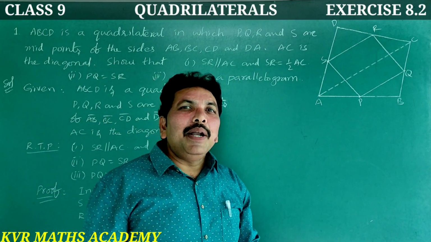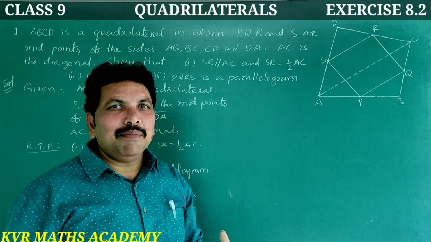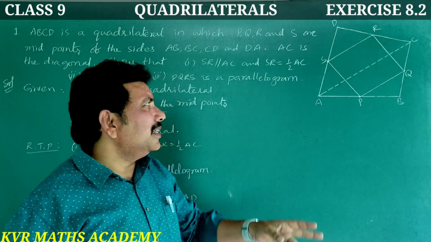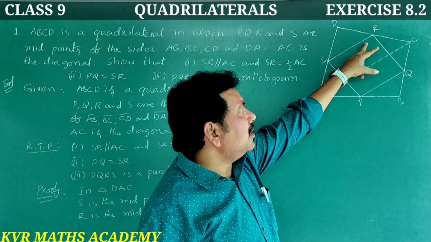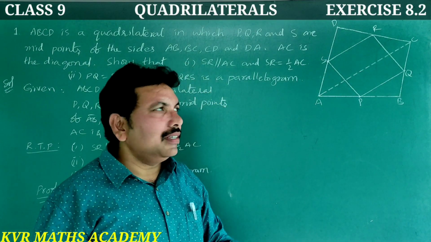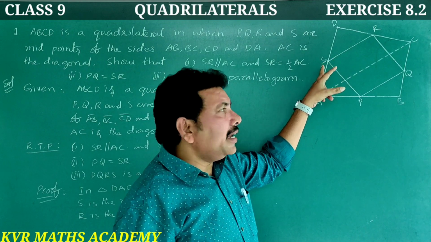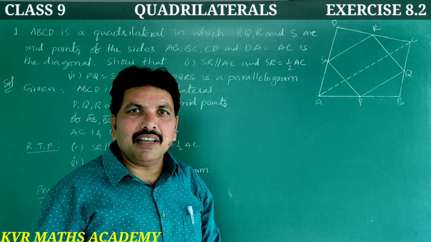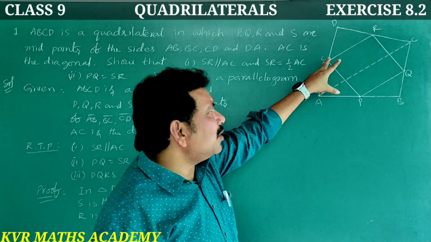By the midpoint theorem, what can we clearly say? A line segment which is joining the midpoints of any two sides of a triangle is parallel to the third one.